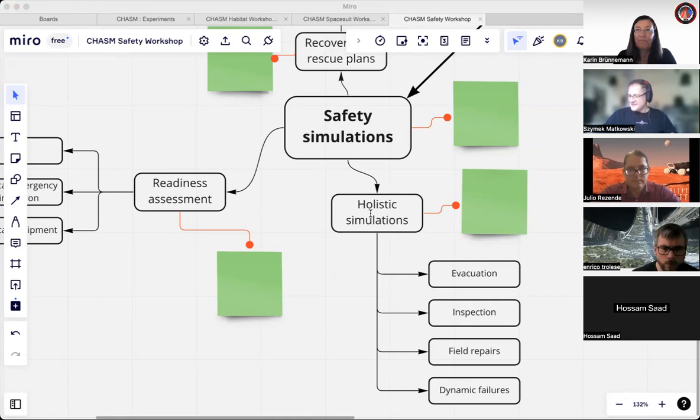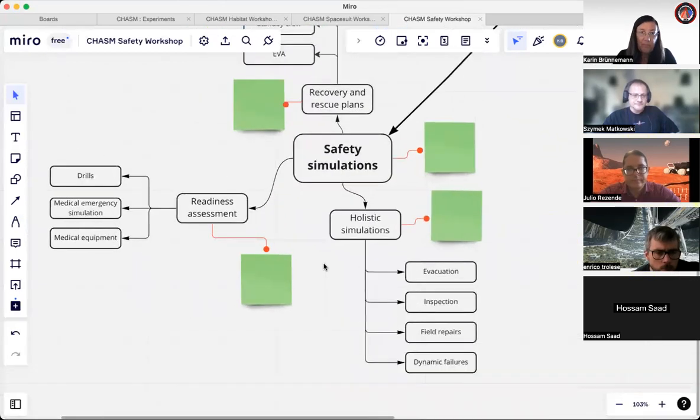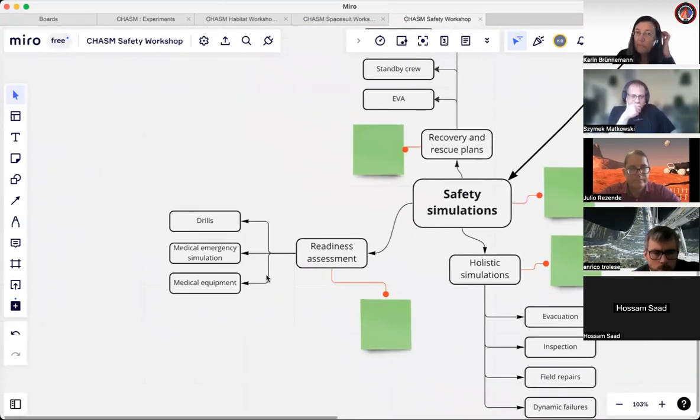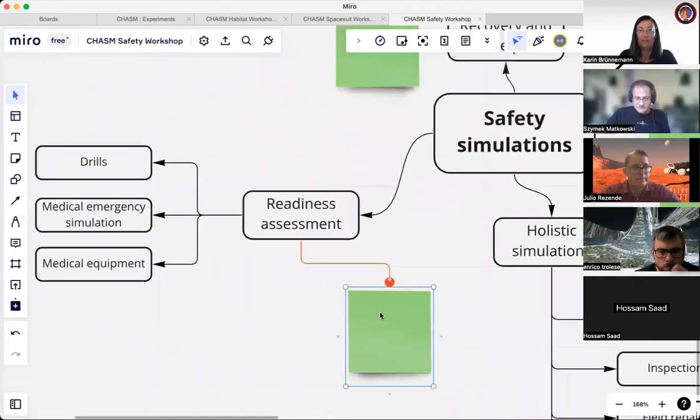I think about safety simulation, the recovery and rescue plans. I will go back to the healthcare aspect, because during analog space missions, we just have a medical officer who does not necessarily have a good background in medicine. He may just have some lessons in first aid or something like this.